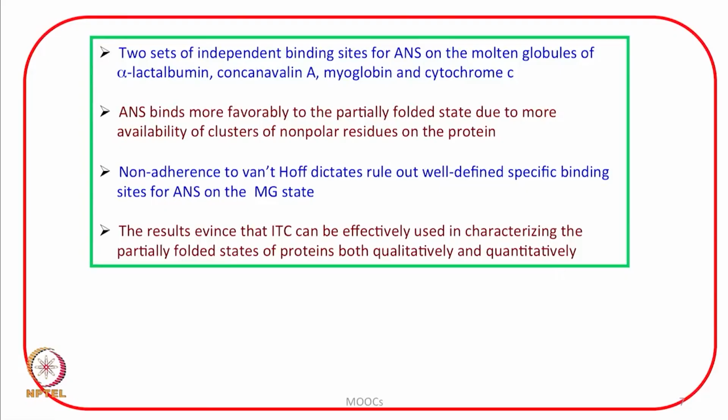If I just take this particular example on binding of ANS with the MG state, what we observed is that the binding is taking place, because the isothermal titration calorimetric output profile had a specific binding behavior, and this binding behavior was missing with the denatured state and the binding was very weak with the native state.